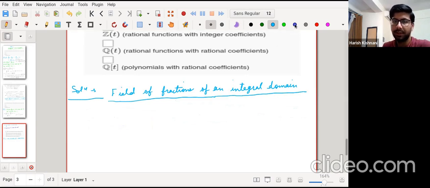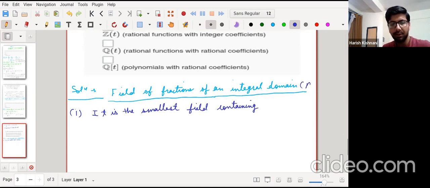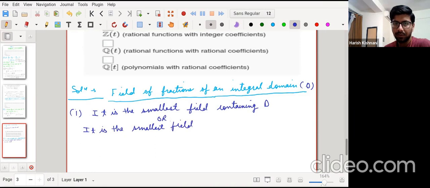The first definition says that it is the smallest field containing, let me denote it by D, the smallest field containing D. Or in other words, we can say it is the smallest field in which D can be embedded, because up to isomorphism also we can see the rings.